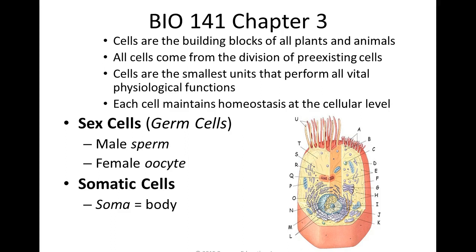There is this thing called differentiation, which we will talk about at the end of this chapter, where these individual units become unique, and that uniqueness turns then into tissue, but that's because certain parts of DNA are turned on in those cells and other parts are not turned on in the cells.